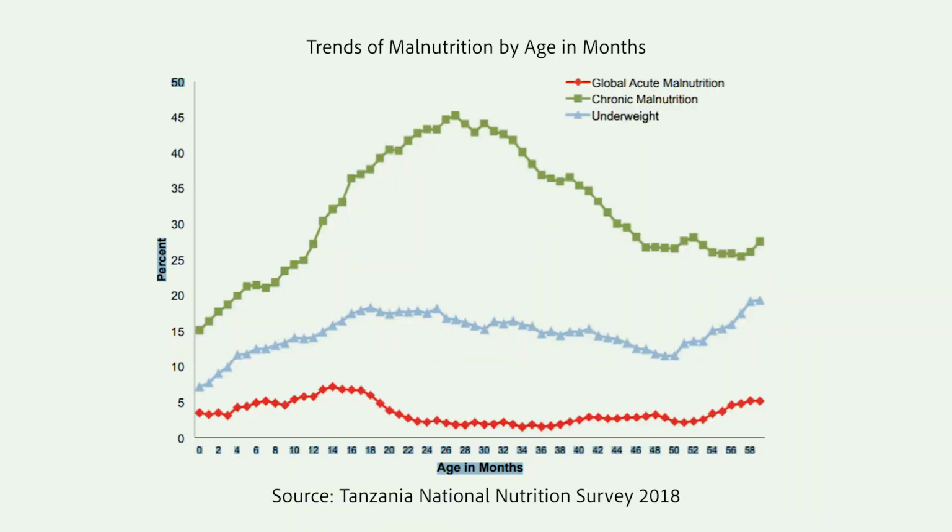For instance, the 2018 Tanzania National Nutrition Survey, using SMART methodology and conducted by multi-stakeholders between the Ministry of Health and the Tanzania Food and Nutrition Center for Tanzania and Zanzibar, indicated that chronic malnutrition is increasing when a child is at the age of 27 months, at 45.2%, as indicated in the graph.